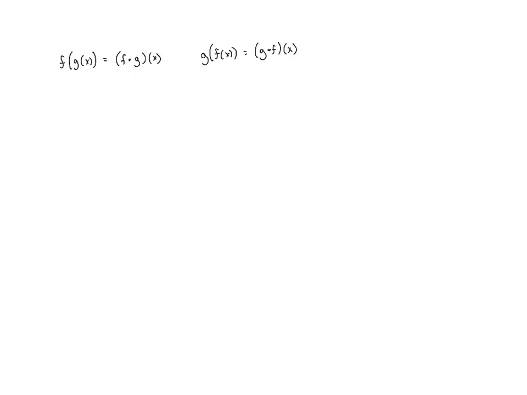So that's one thing. The other thing I want to talk about is the different notations for domains. We've been using set builder notation for most of the domains that we've been using.